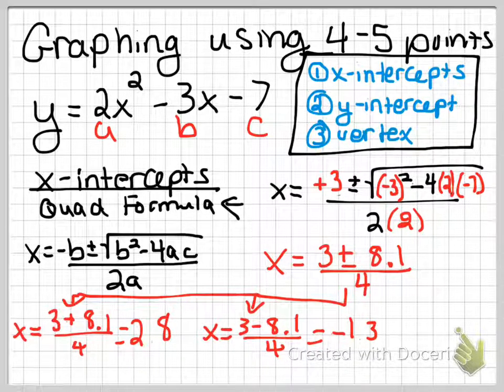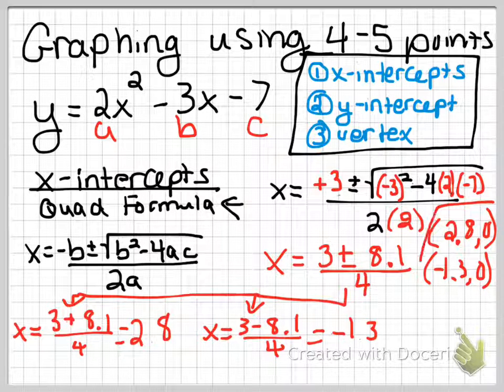So my two x-intercepts are 2.8 comma 0. Remember, they have to be written as points. And negative 1.3 comma 0. Let me write those down on a piece of paper because I'm going to need them again.